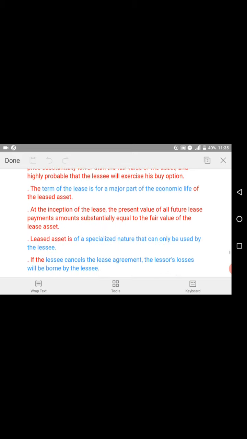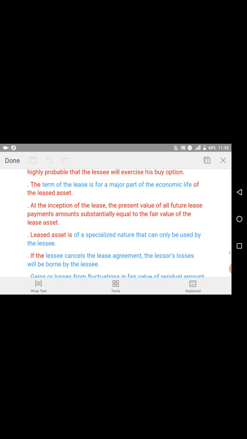The leased asset is of a specialized nature that can only be used by the lessee. If the lessee cancels the lease agreement, the lessor's losses will be borne by the lessee.